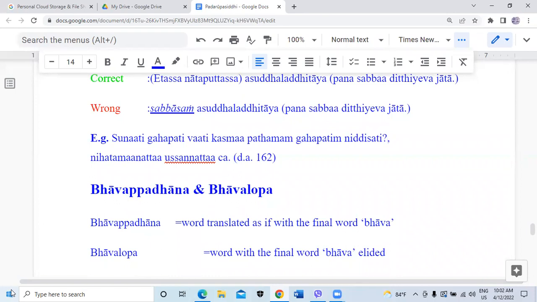Yes, but what it means is that, as you explained, there are many monks in the sasana that have come from the Gahapati Jati, right? That's what it means. Yes.